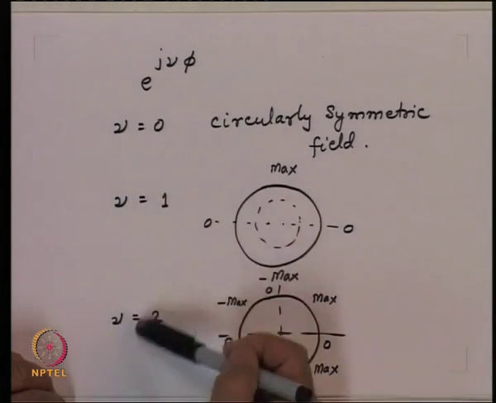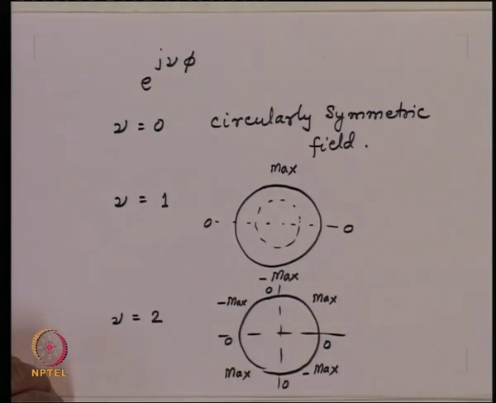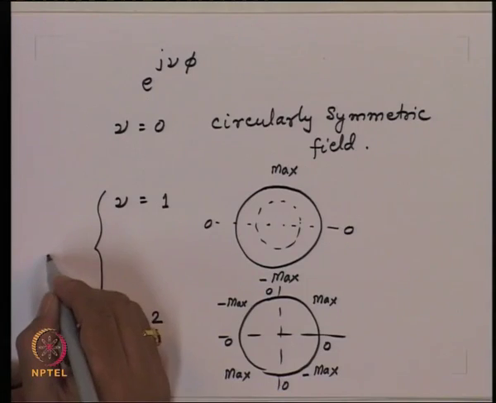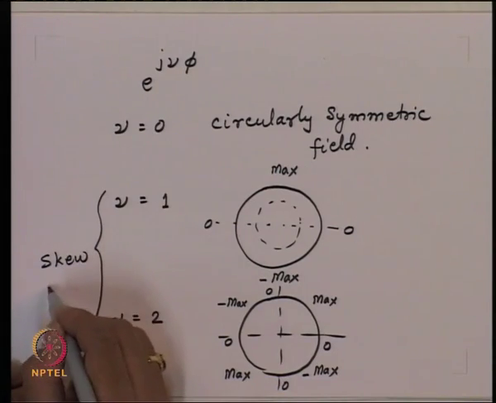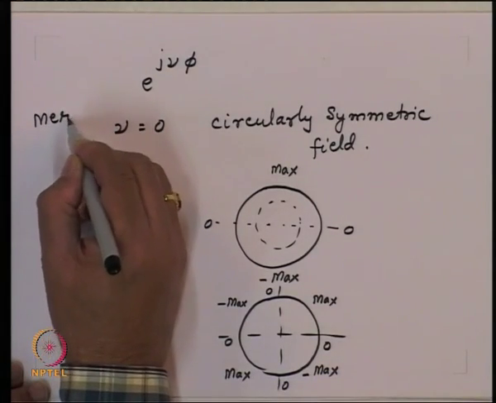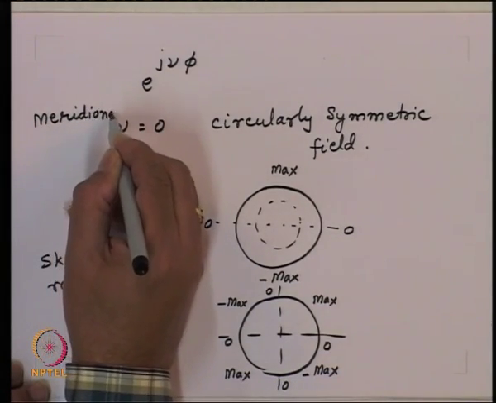Whereas if you take any other field distribution or modes which correspond to nu equal to 1 or higher values, then they correspond to the skew rays. So these are the skew rays, whereas this one is the meridional ray.